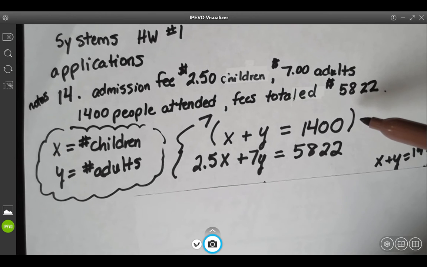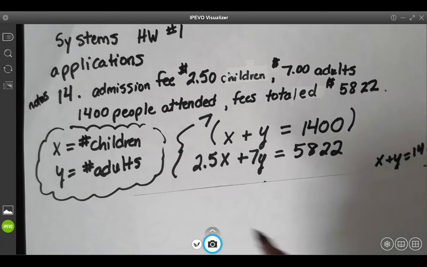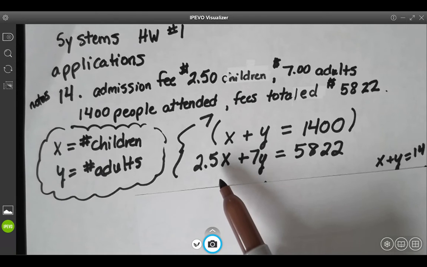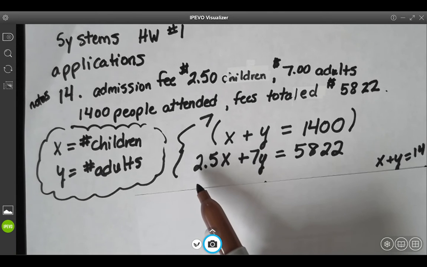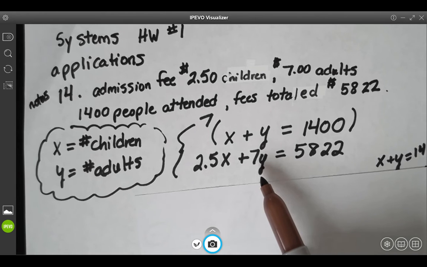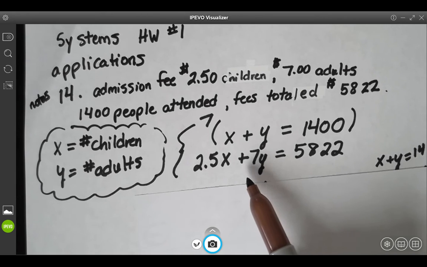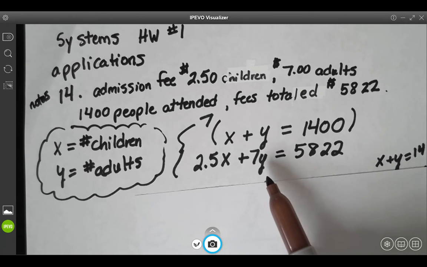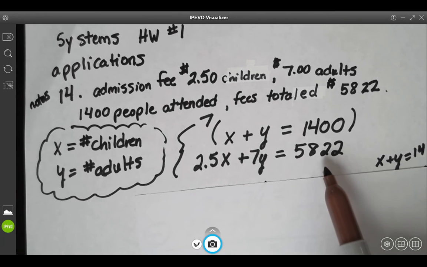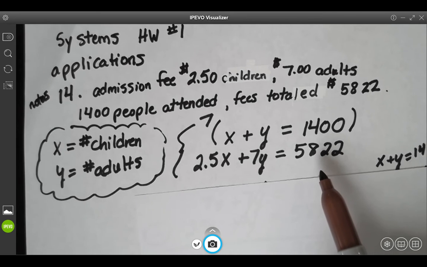Then the money taken in is $2.50 times the number of children, plus $7 for every adult, so $7 times the number of adults. And they told us that number was 5,822. That's the hardest part, I think, is just getting this set up, taking all those words and getting them into algebra equations.